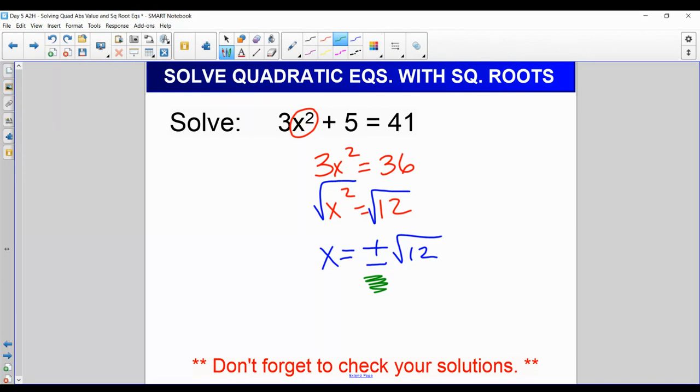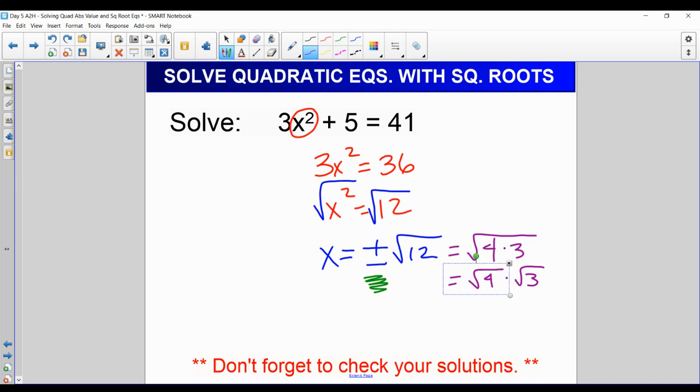The other thing we also want to remember is that we don't want to leave any perfect squares under the square root. So I would remember that this is like saying 4 times 3, which I could then think of as square root of 4 times square root of 3.